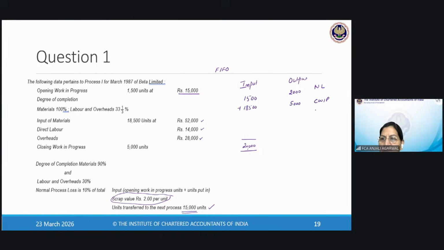Plus there is a units transfer to next process, 15,000. This increases the total. This makes the total not 20, but 22. So minus 2,000 to match the total of units. This minus 2,000 becomes abnormal gain.